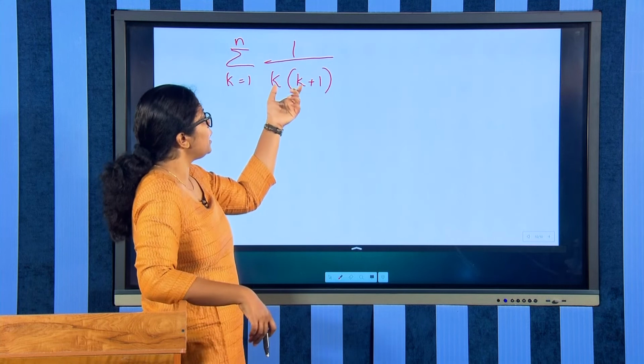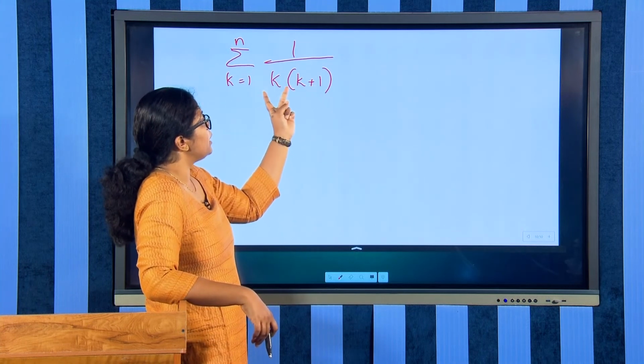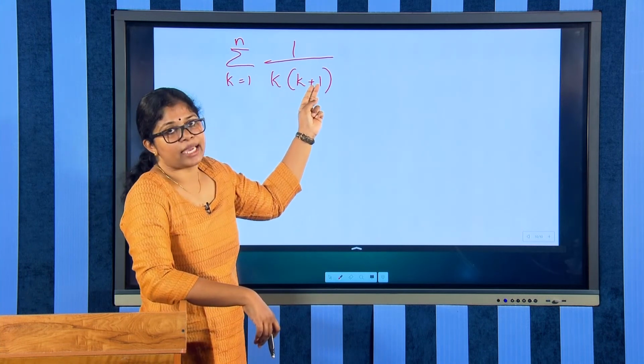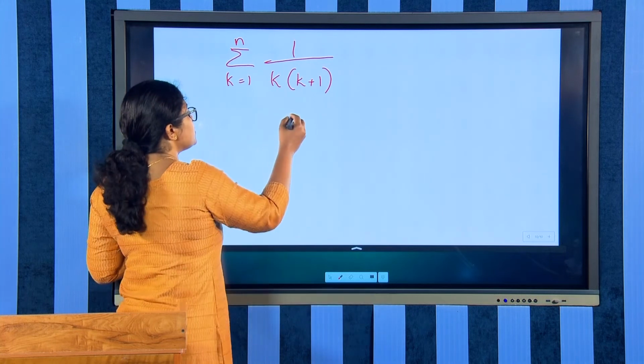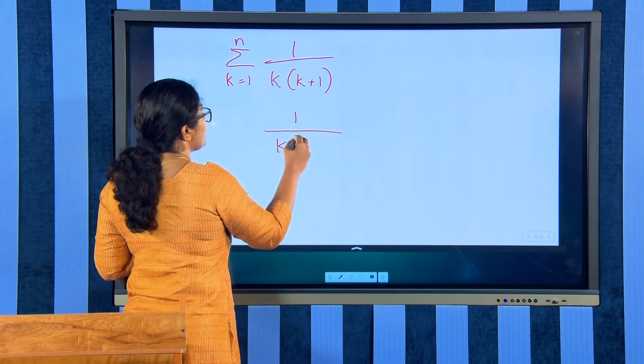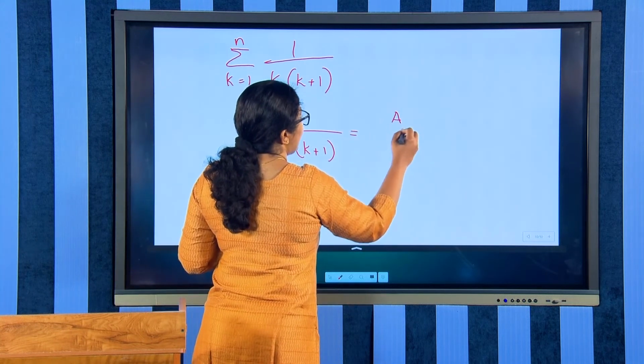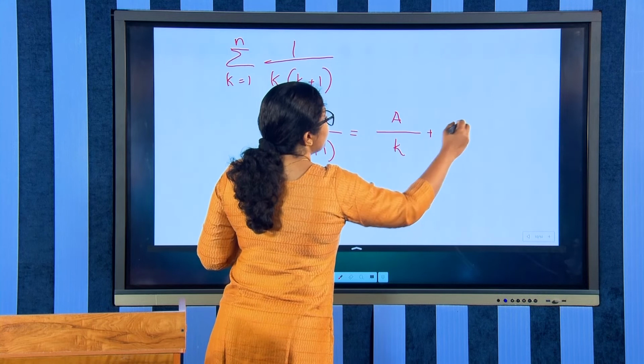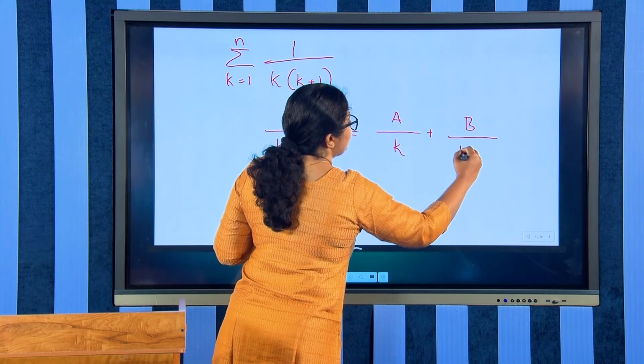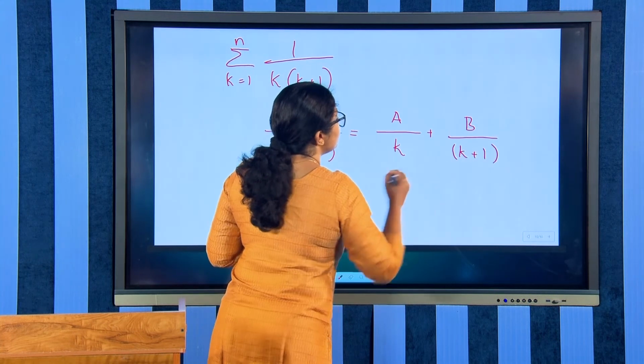Expressing the denominator, which is a product of two linear factors, we can write this term 1 upon k into k plus 1 as some number say a by k plus some number b by k plus 1. This technique you might have learned in schools.